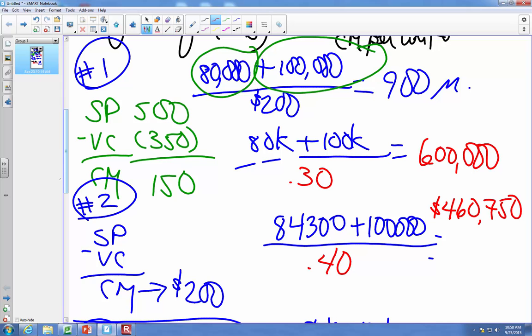Thank you. Does that make sense to you? Contribution margin is powerful. I just took another 10% of the sales price of each bike to cover my fixed cost plus target profit, and my fixed cost only went up $4,300.